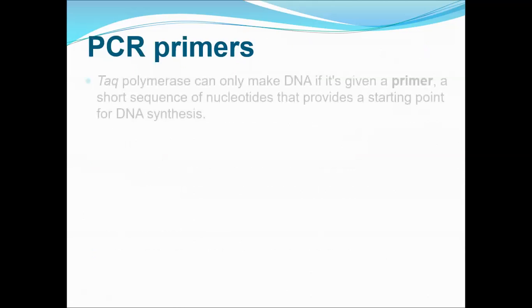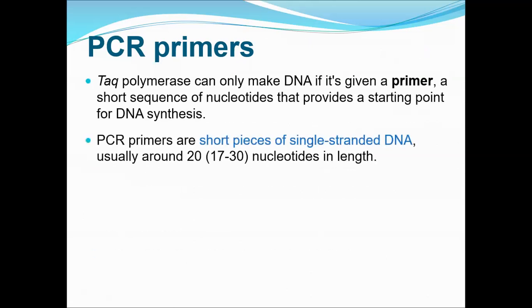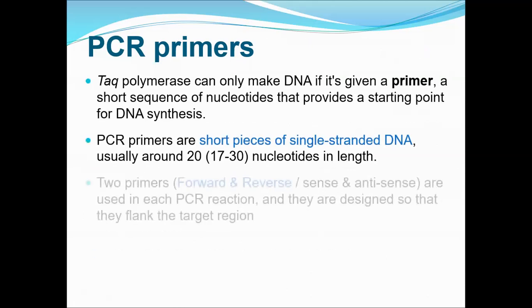Now, the next important component is the primers. Polymerase can only make DNA if it's given a primer, which provides a free 3' OH end. These are usually 17 to 30, but optimally 20 nucleotides in length, single stranded DNA.